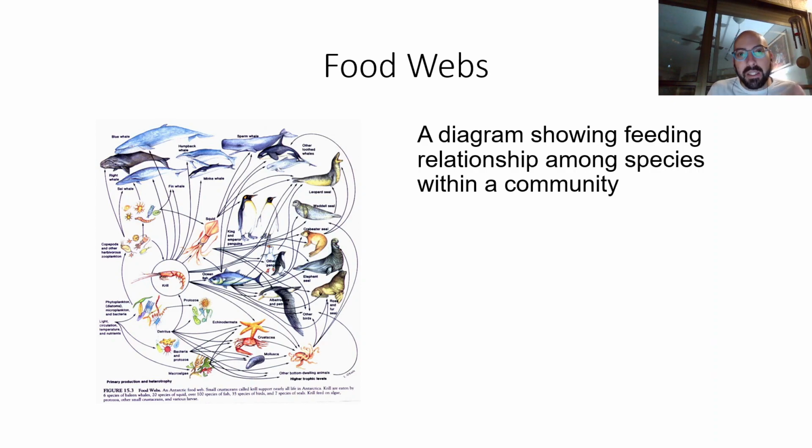How do we study it? We tend to create diagrams of food webs, interactions between species, who eats who, competes with who. We tend to add pluses and minuses, as we did in class already, to relate the relationship between the two players or individual species within that community. And we tend to show essentially how the energy flows within that space.